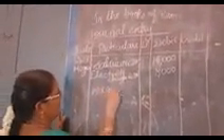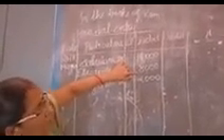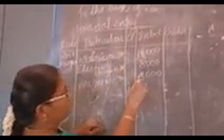Then wages, 2,000. Wages account debtor 2,000. So we can write the total together: 15,000 plus 8,000 plus 2,000, 10,000 plus 15,000, 25,000.